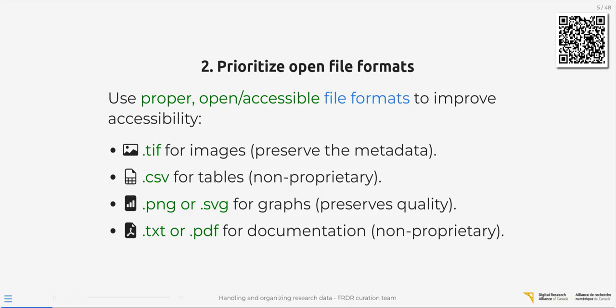Store tables as .csv files instead of proprietary formats. For graphs, prefer PNG or SVG formats, which preserve image quality. And for documentation, save it as .txt or PDF to ensure broad compatibility. Choosing open formats is a simple but powerful way to make your data more future-proof.